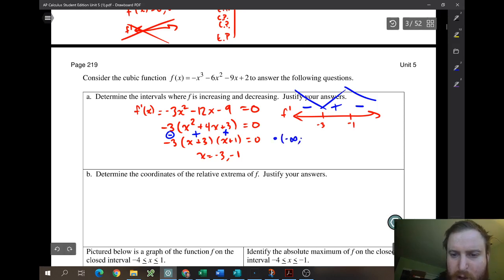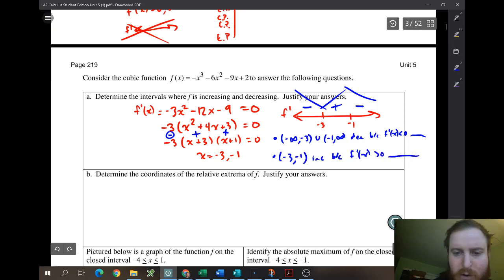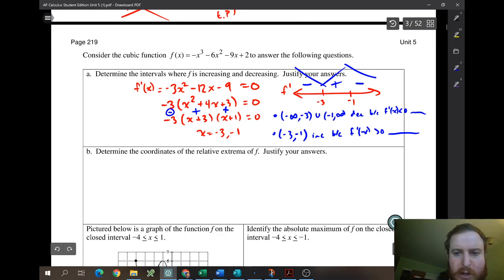Negative infinity to negative 3, union negative 1 to infinity would be decreasing, because f prime of x is less than 0 for those intervals, and negative 3 to negative 1 will be increasing, because f prime of x is greater than 0 for those intervals. Okay, determine our coordinates.